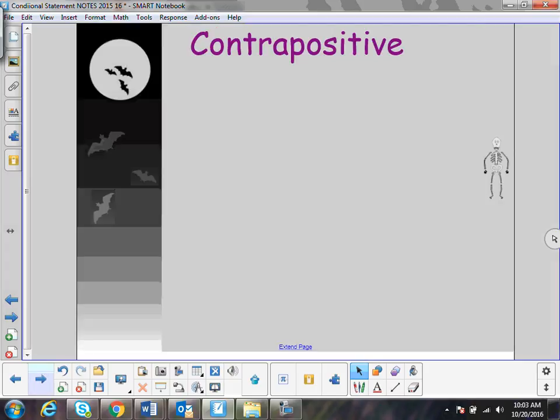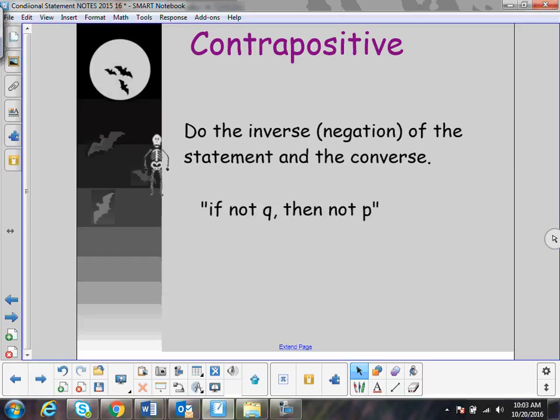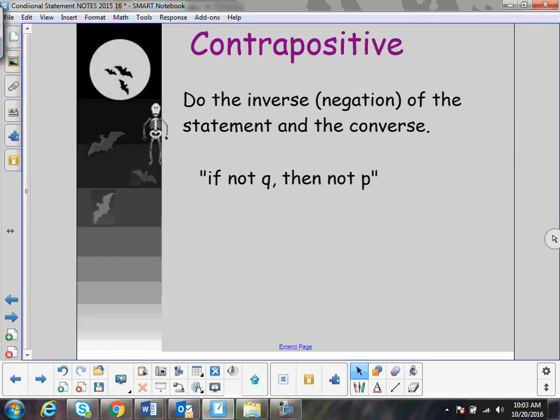And there's one more called the contrapositive. Here's what you do on the contrapositive. You're going to do the inverse of the converse. So basically, you're doing both. You're doing the inverse of the converse, so you can say the converse of the inverse. So you're switching and you're adding the word not. So let me give you the symbolic one too.